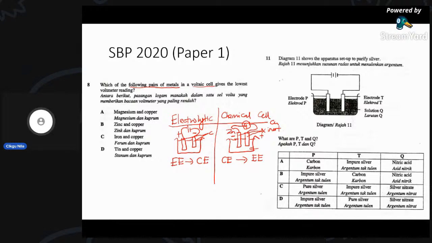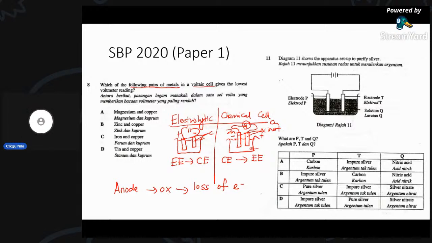So you have to understand, the anode always undergoes oxidation. So you see which electrode has loss of electrons, that electrode is the anode.